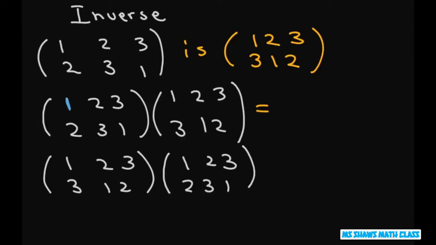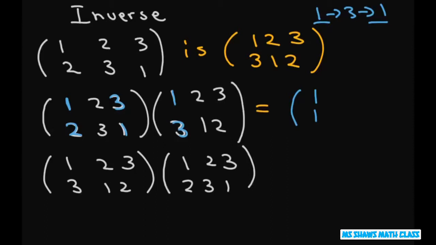We'll start with 1. So you're going to write 1. 1 maps to 2. Well, we got to go this way. 1 maps to 3, and 3 maps to 1. So, again, that's 1 maps to 3, 3 maps to 1. So use these two.